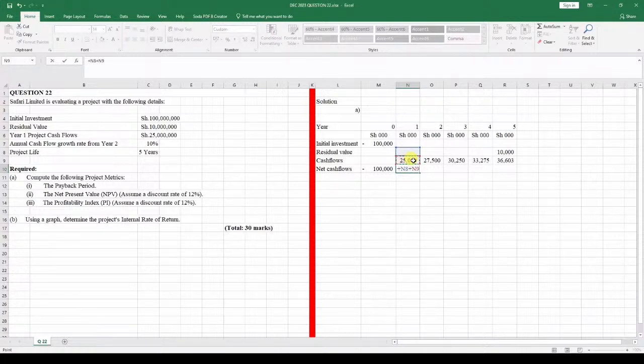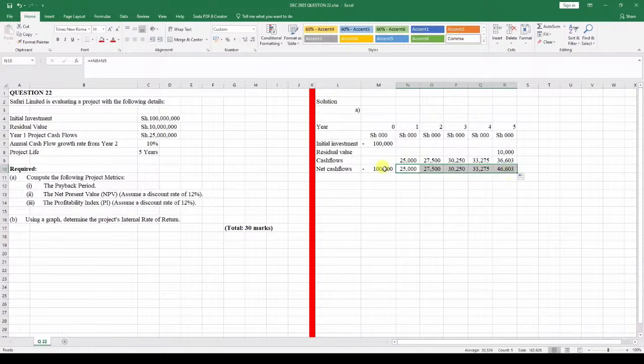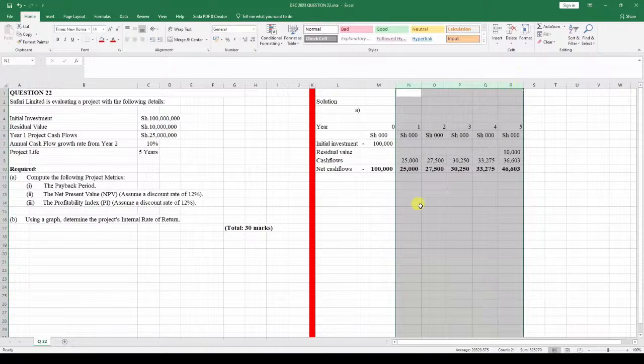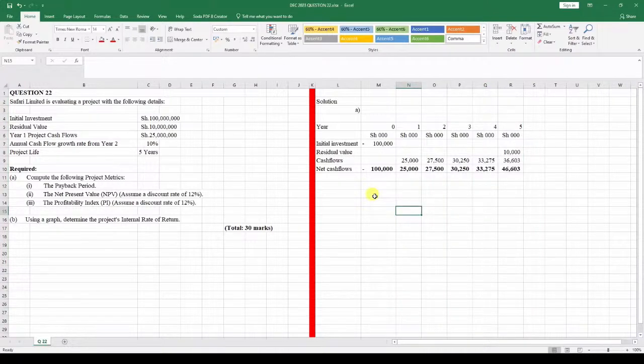So after period 5, we expect the cash flow to be 46,603, which is the cash flow you're going to discount back to period 0. So we drag it and it picks. You can see now these are the cash flows which you're going to discount. You can put them in bold, Control B, and expand the column by double clicking. Those are the cash flows.